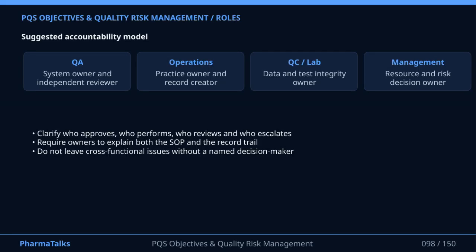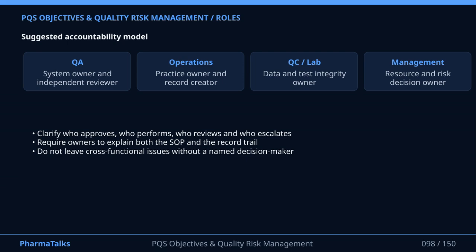On this slide, we're focusing on the accountability model within the Pharmaceutical Quality System, or PQS, and how it relates to quality risk management. First, it's important to identify the key roles involved. Quality assurance, or QA, acts as the system owner and also serves as an independent reviewer, ensuring compliance and integrity.